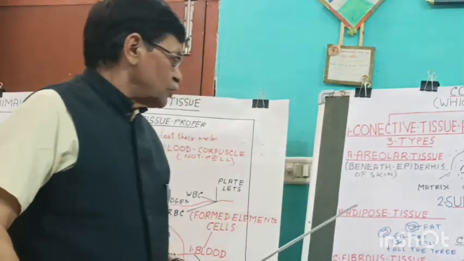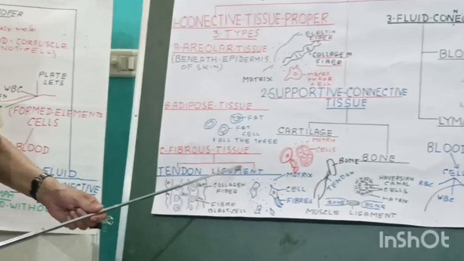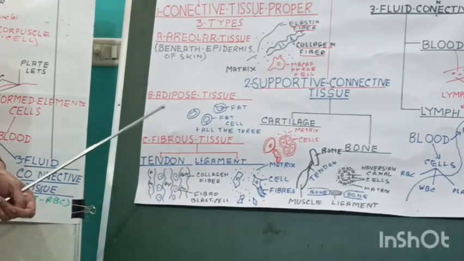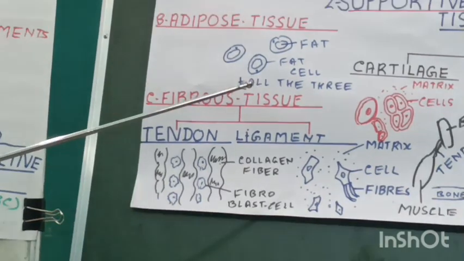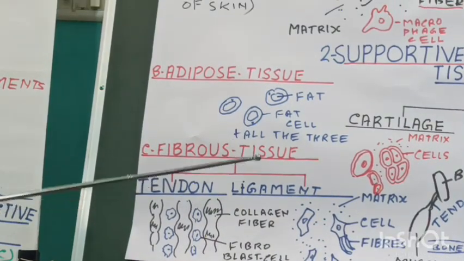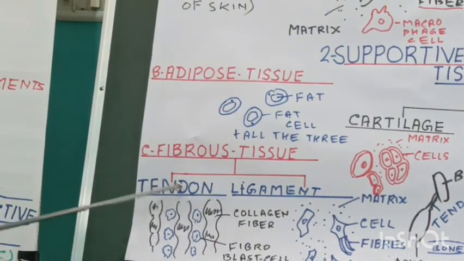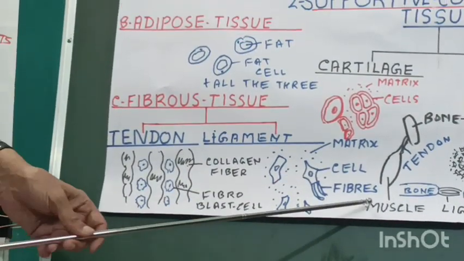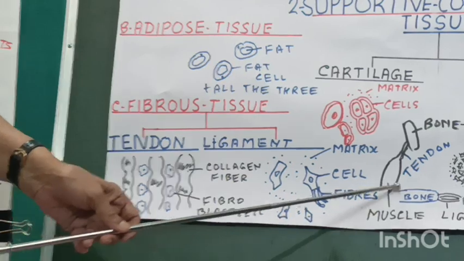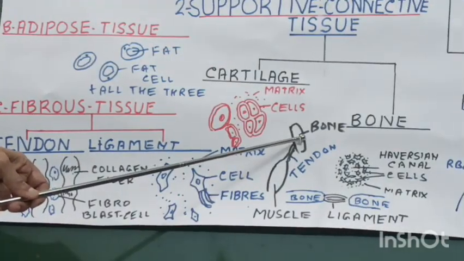And so third is the fibrous tissue. Fibrous tissue, the name itself indicates that fibers are much more developed in it. They are of two types. One, the tendon, and second, the ligament.